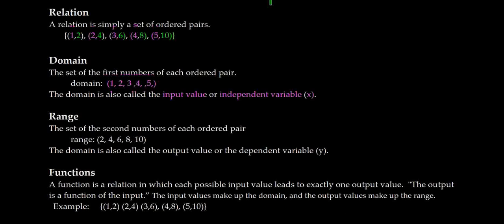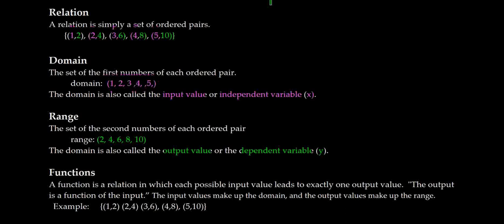And 10 is the second number of this pair. So a set of these second numbers is what we call the range. It is also referred to as the output value or the dependent variable y.